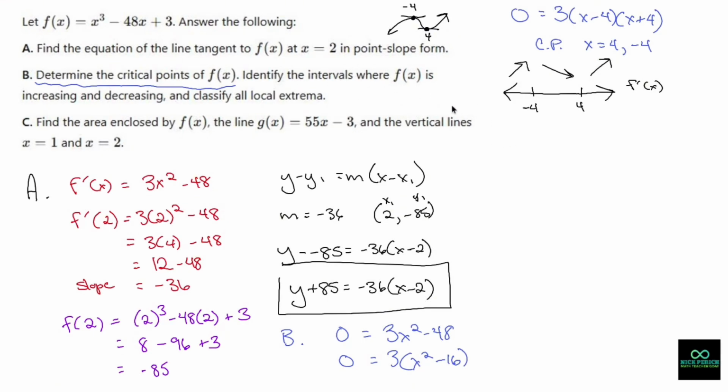So the intervals where f of x is increasing are going to be 2 of them. The increase exists from negative infinity to negative 4 union 4 to infinity. That's where we're increasing. My decreasing is only once, and that happens from negative 4 to 4.